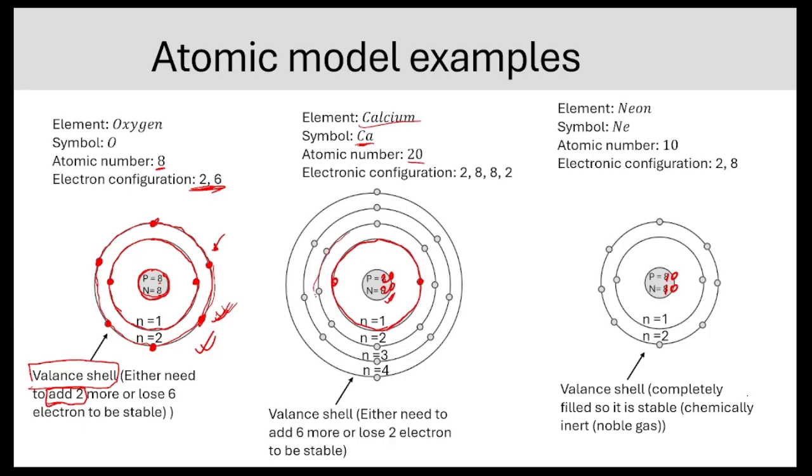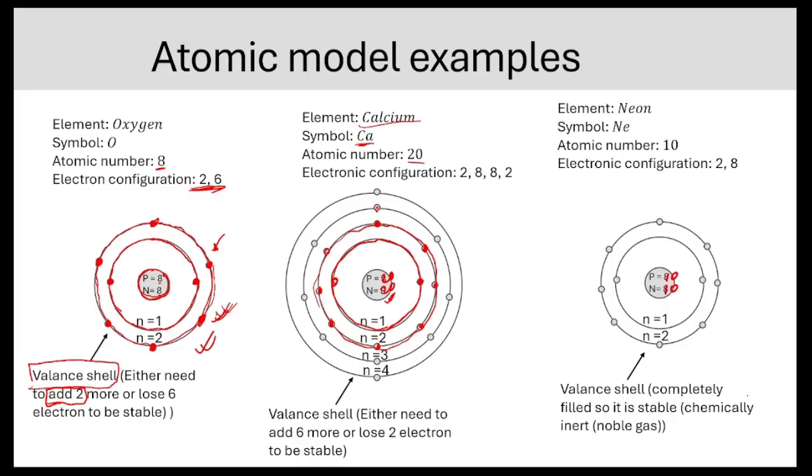So we will draw the second orbit, which can have a maximum of 8 electrons. We will use 8 electrons here, 4, 5, 6, 7 and 8, and then we will draw this third energy level.